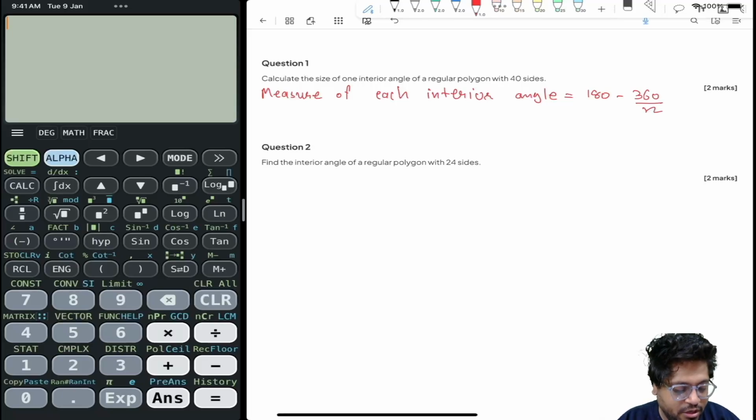We already have n as 40 here because 40 sides are there. So 180 minus 360 upon 40.